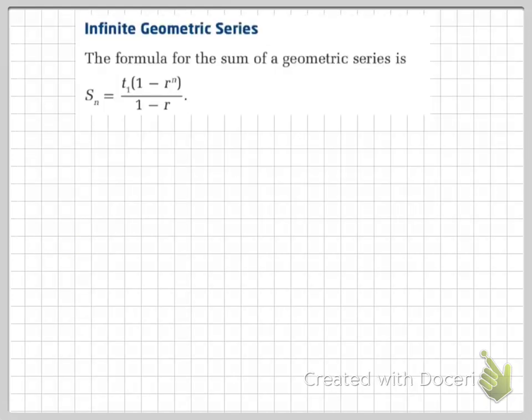Now, you know the formula for the sum of a geometric series is S sub n equals term 1 times 1 minus r to the power of n, over 1 minus r.